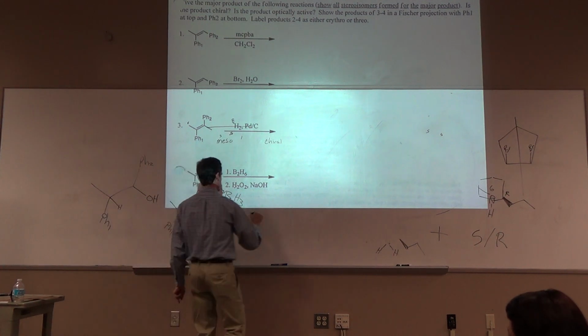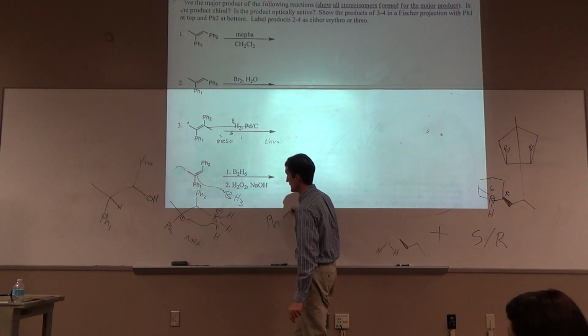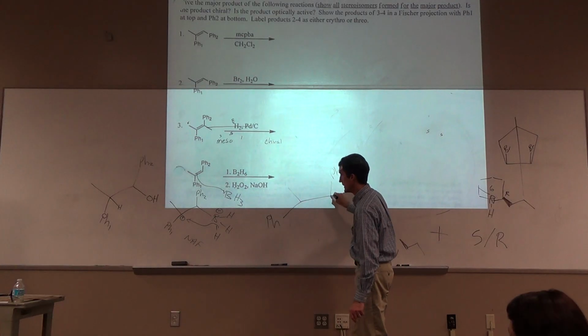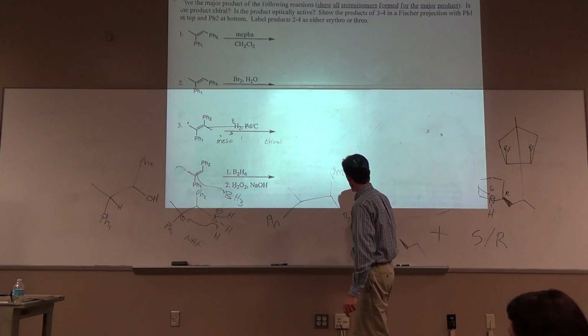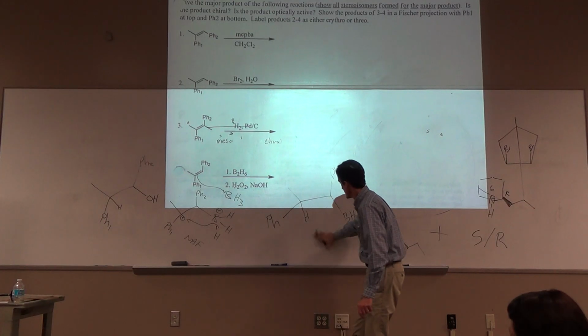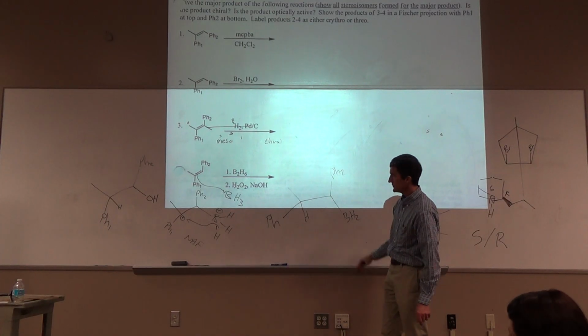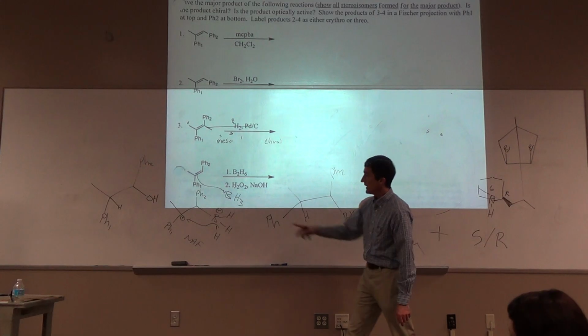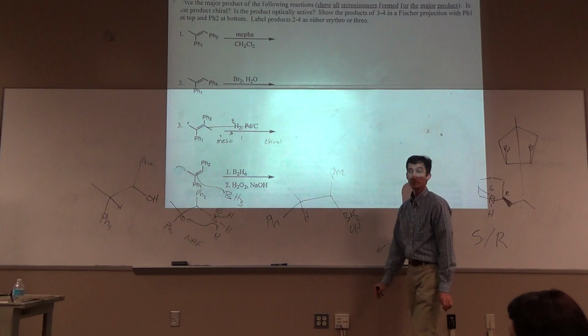Hydride shift. So we got BH2, and we got an H here. And then what does the magic step do? Replaces this with OH. That's what I got drawn there, right?